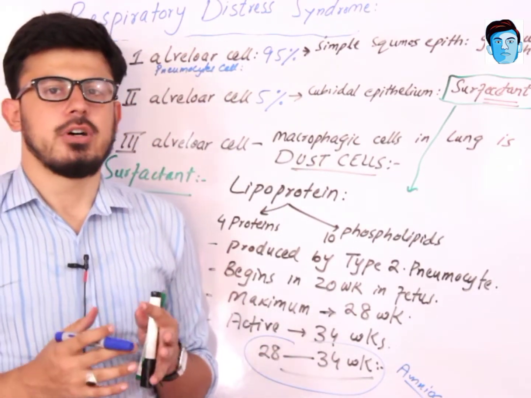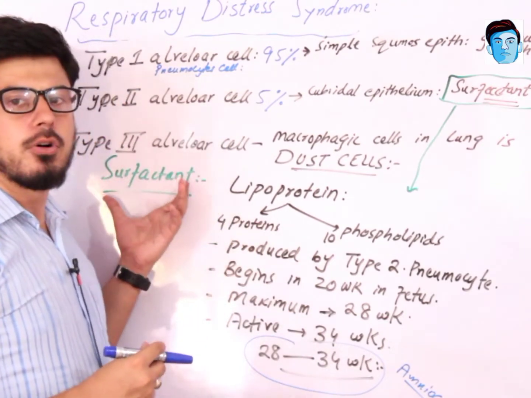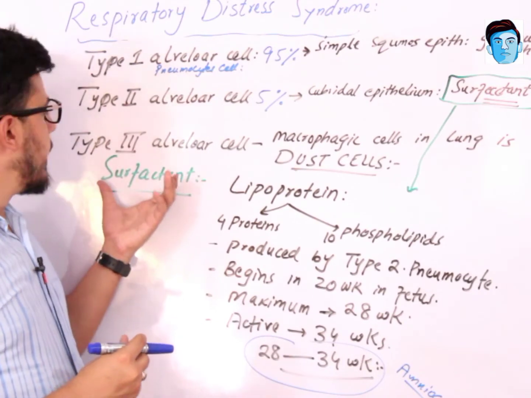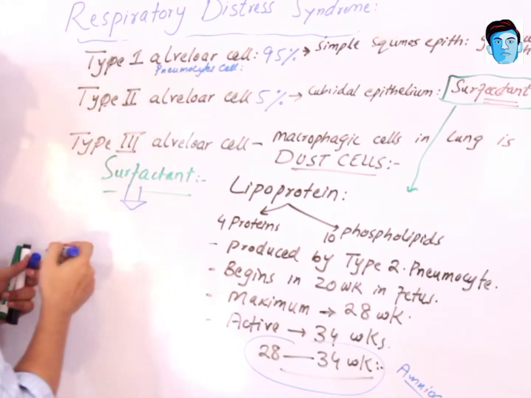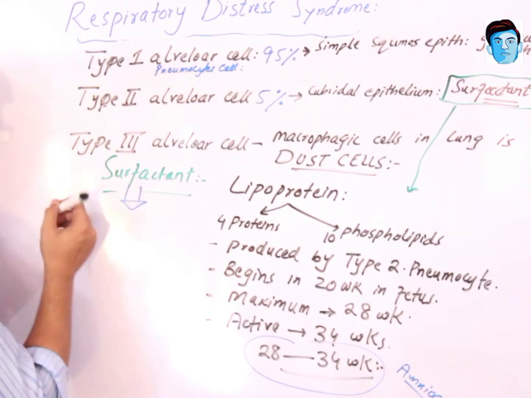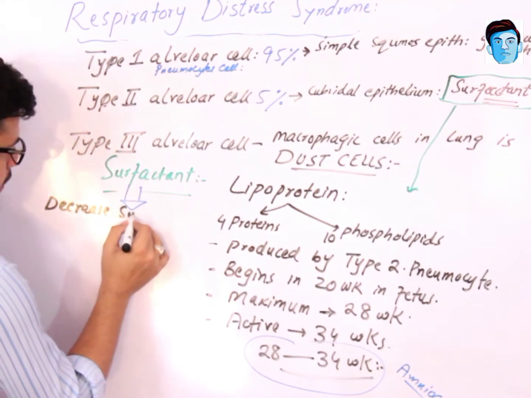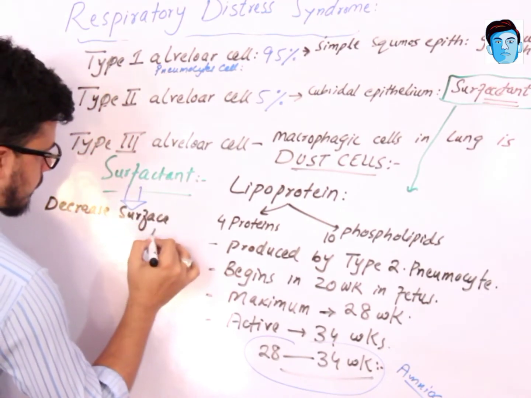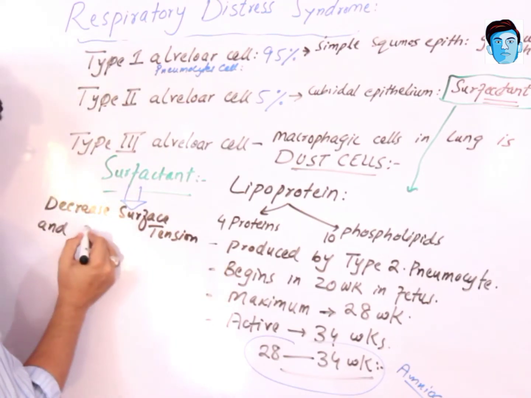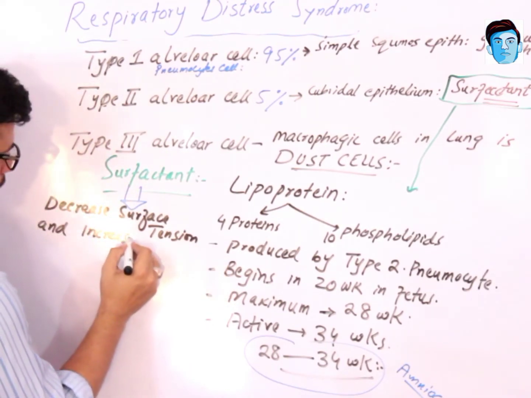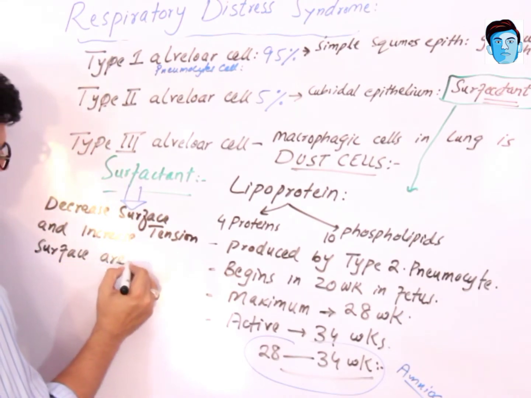Now, what is the major function of surfactant? The most important function of surfactant is to decrease surface tension and increase the surface area. Why is it so?